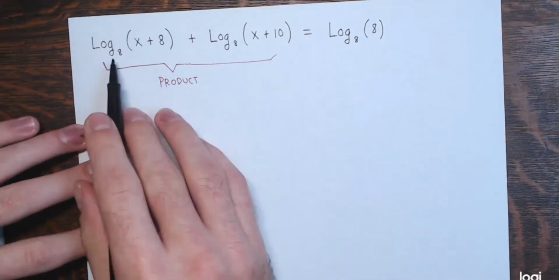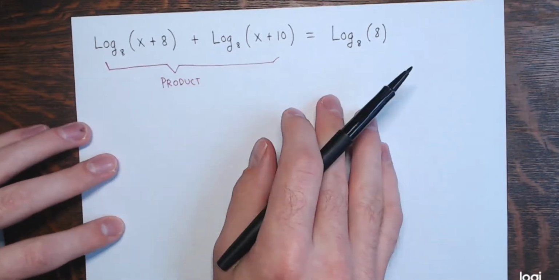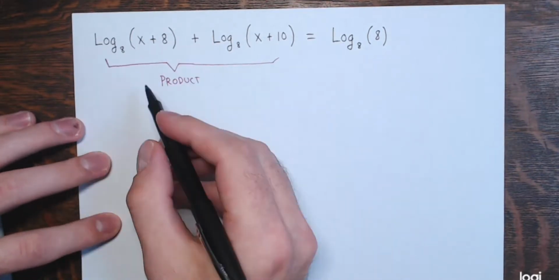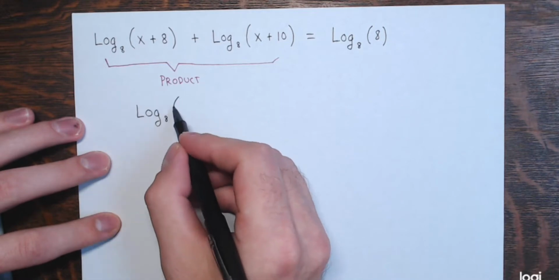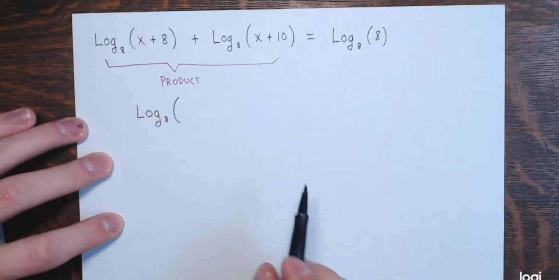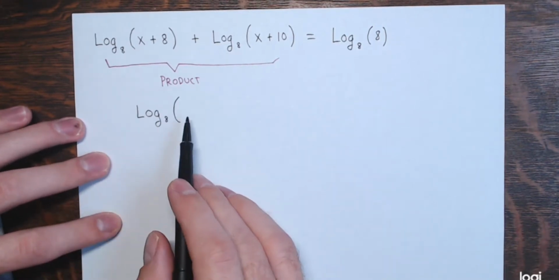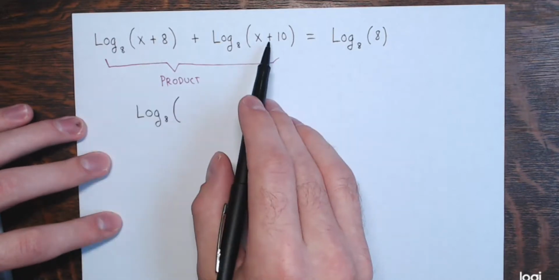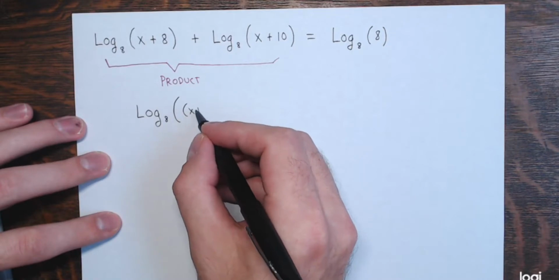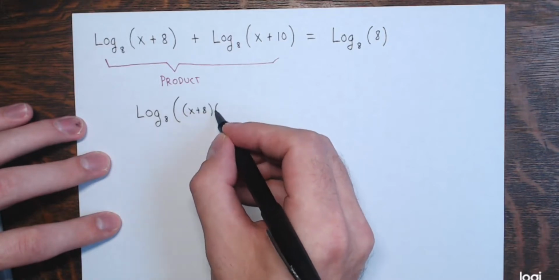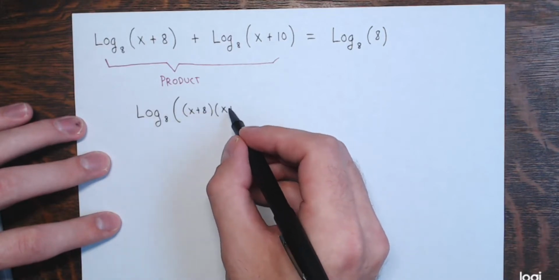So this left side now becomes the following. 2 logs become 1 log. So the log base 8 of, and then the argument of this new logarithm is just the product of the arguments of these logs. So the quantity x plus 8 times the quantity x plus 10.